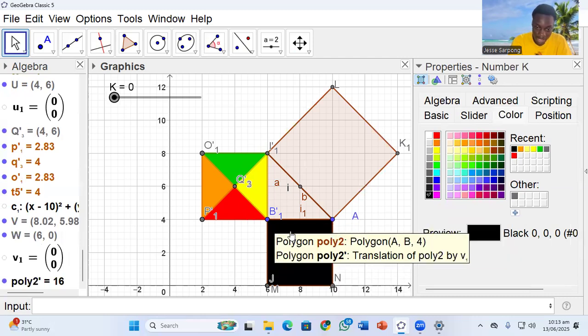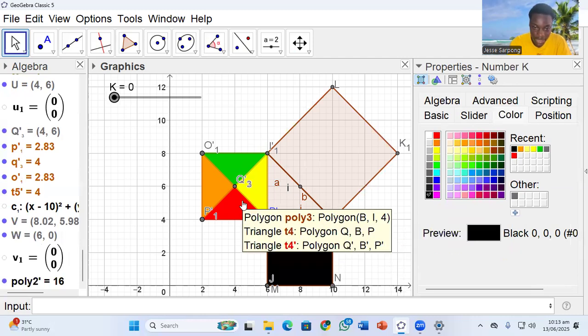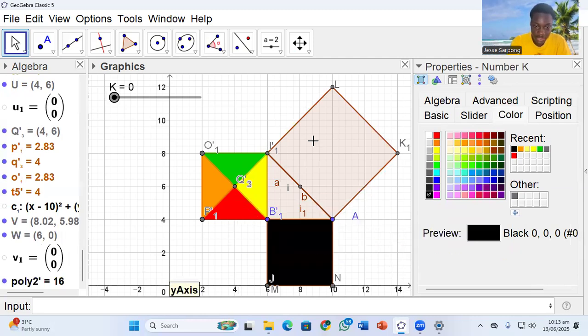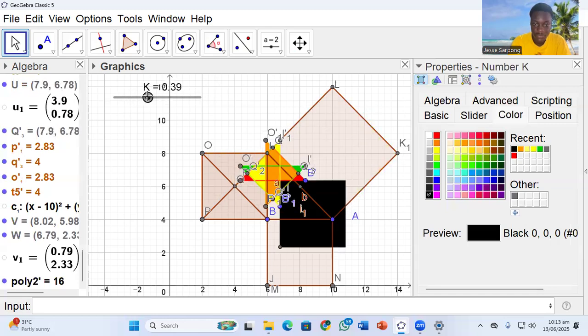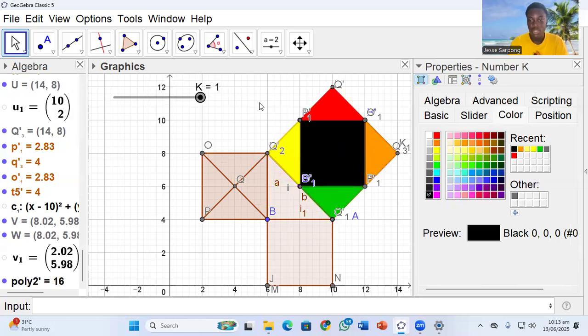So the black square plus this colored square should give you the big square. Now we can see that it is giving us the big square. So now we've proven the Pythagoras theorem. Thank you, students. See you in our next class.